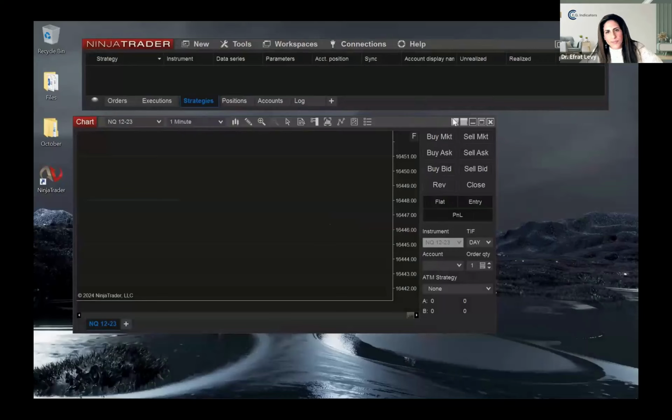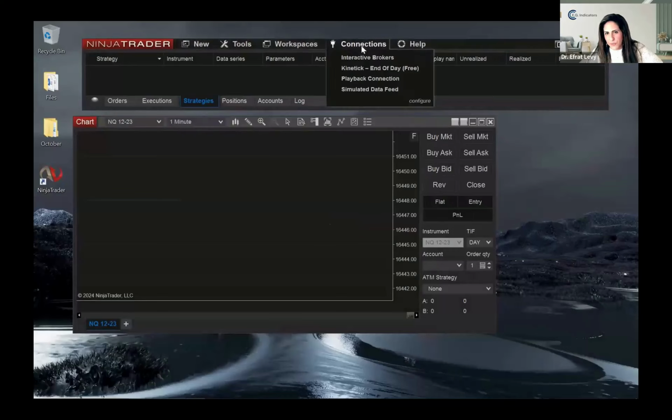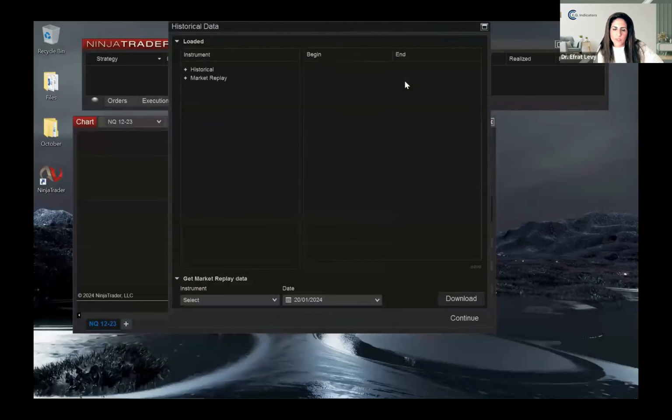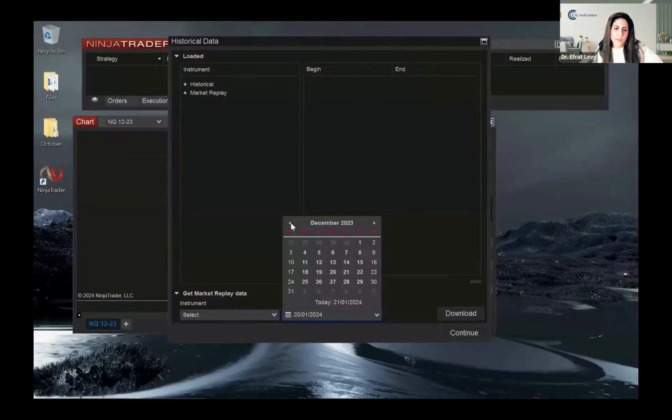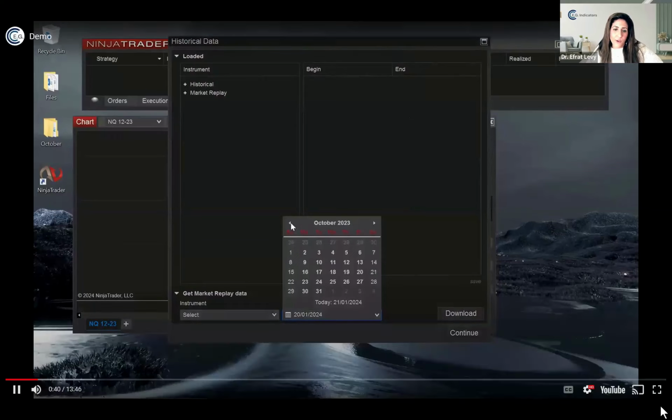To use the price action bot for exploration, first you need to download historical market data. You do it by going to connection, and you need a connection to a broker. It can also be a prop firm. So you go to connection, historical data, and you need to pick a specific date for which you want to download the market data for analyzing.